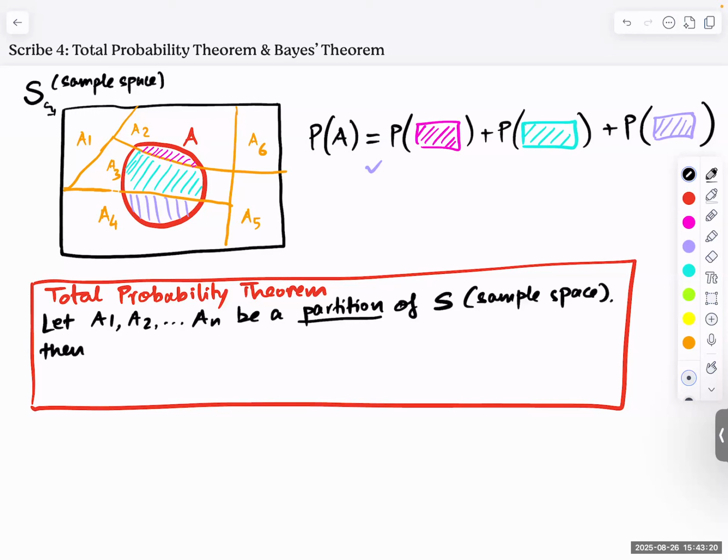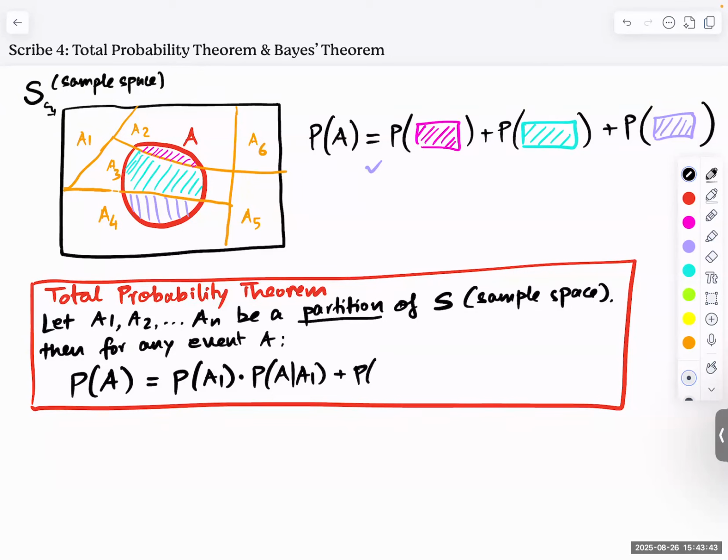Then for any event A, we can write the probability of A as follows: the probability of A1 times the probability of A given A1, plus the probability of A2 times the probability of A given A2, plus all the way till the probability of An times the probability of A given An.